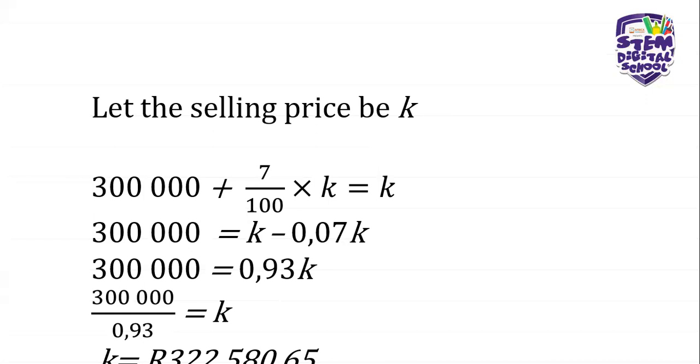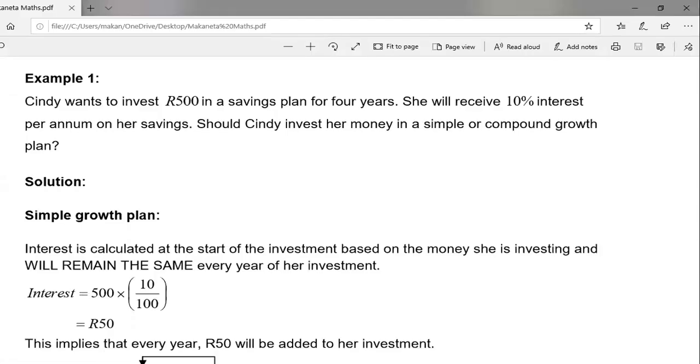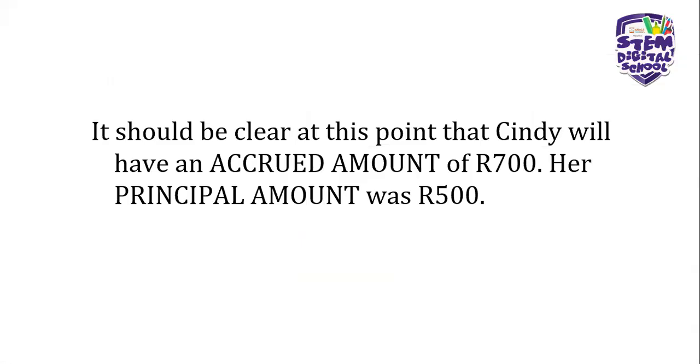I want to look at the difference between the simple interest as well as the compound interest, but I think at this point we have done a lot of justice to that. The example that comes to mind is the one that we had on Cindy, who invests 500 rands. I've already dealt with that, so I will not repeat it.